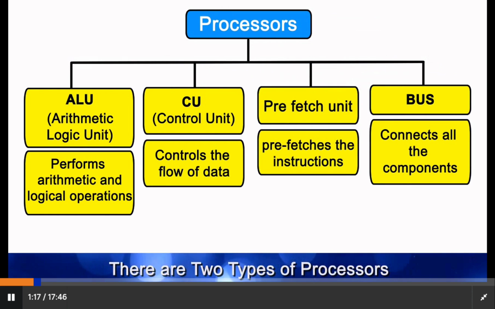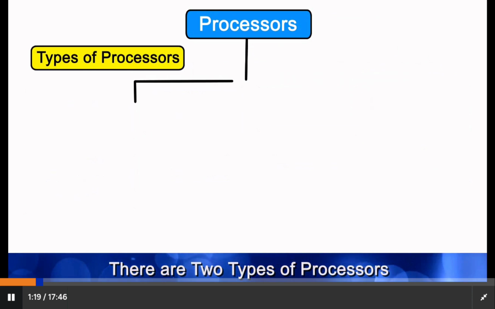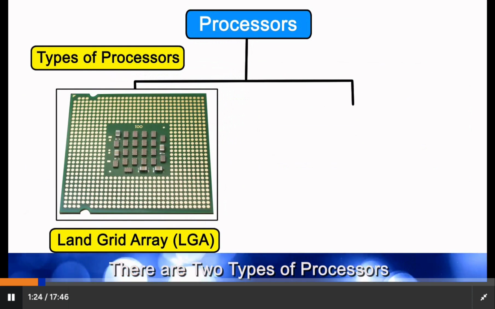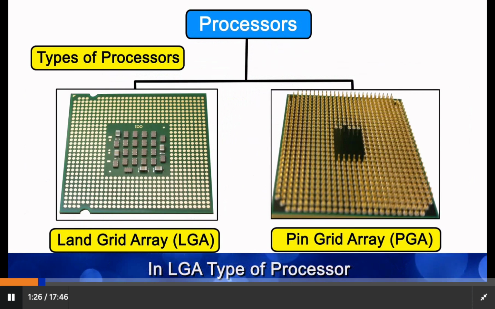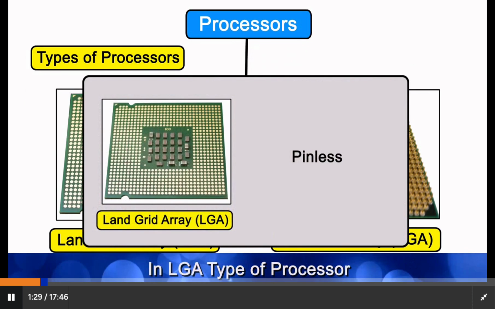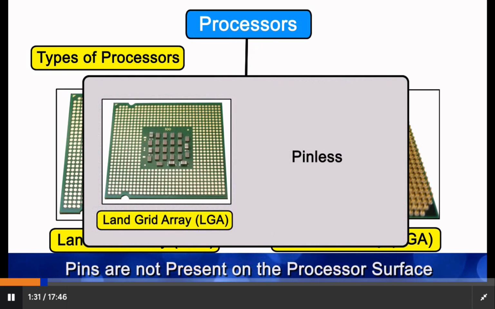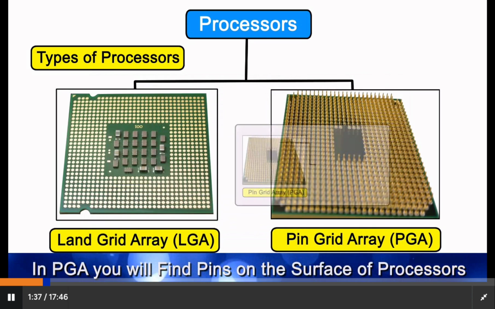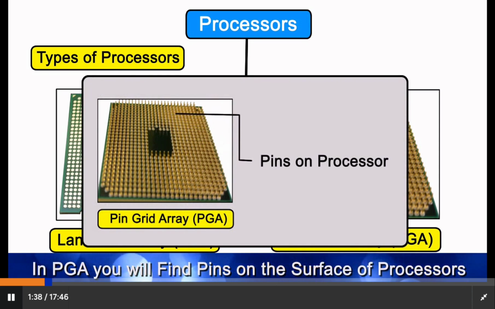There are two types of processors, Land Grid Array LGA and Pin Grid Array PGA. In LGA type of processor, as you can see, pins are not present on the processor surface, whereas in PGA, you will find pins on the surface of processors.